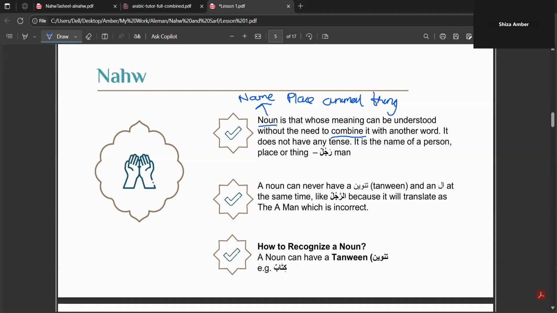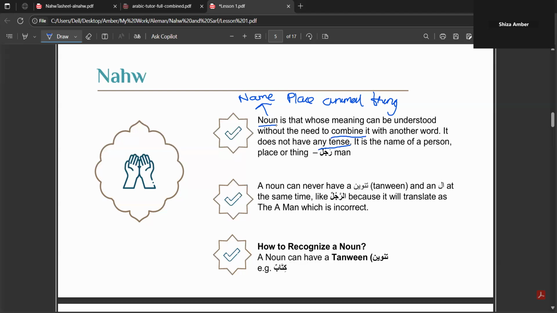So you don't need to combine it with another word, and it does not have any tense. So nouns do not have any tense, right? Because if I say a name, you can't say a name in past tense, present tense, or future tense. Name is name. It will never have a tense. You don't need to combine it with other words. Hence, it's mufridun, and it's the name of a person, place, or thing.